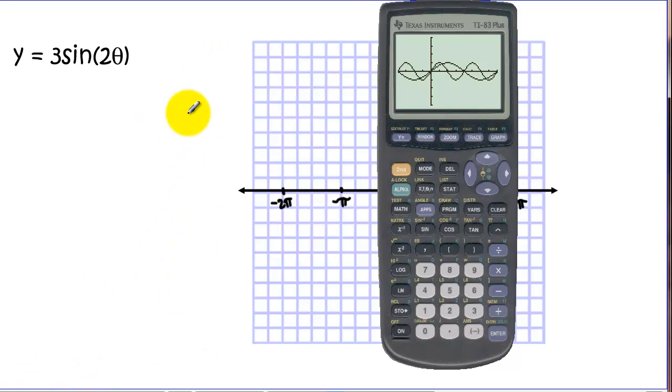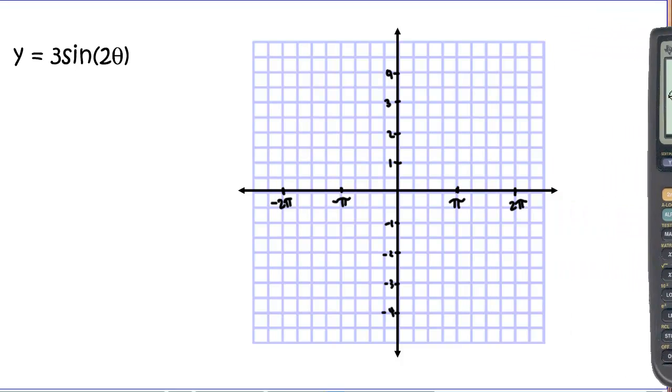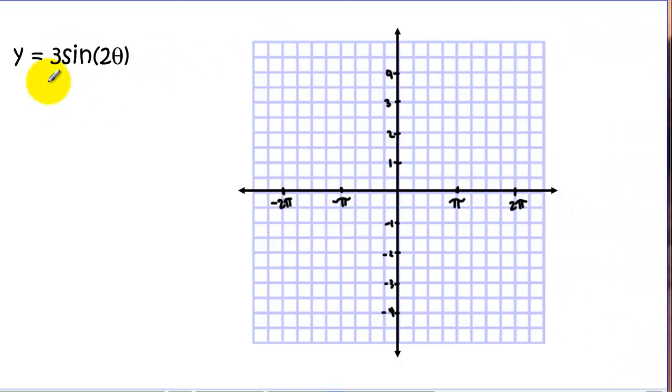Now frequently we're going to be putting those two things together, so let's sketch a graph here. So we've got A in this example is 3, so that implies our amplitude equals 3.